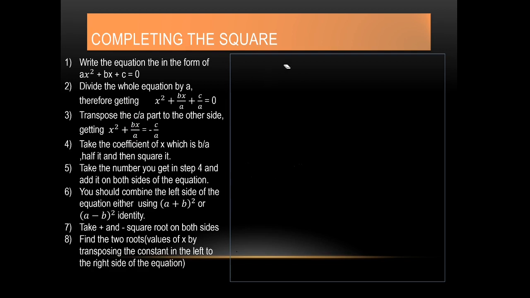What you are doing by halving it and squaring the coefficient is making it suitable for the identity a plus b whole squared or a minus b whole squared. You are making it suitable for these identities.